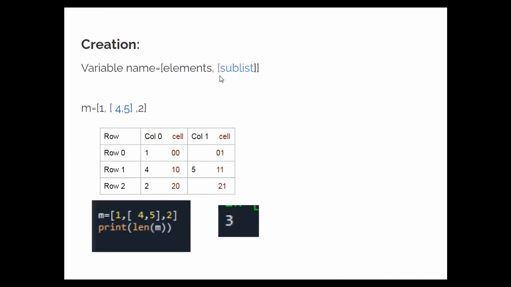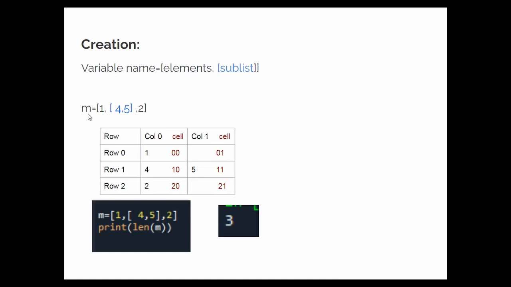the nested list is that first we will write the variable name, then we will write equal to and whatever elements we have, and if you want to add a list here, we will treat that list as the sublist. It can be in the beginning, in the middle, at the end, anywhere I can add a sublist. Whatever list is created here will be called a nested list.